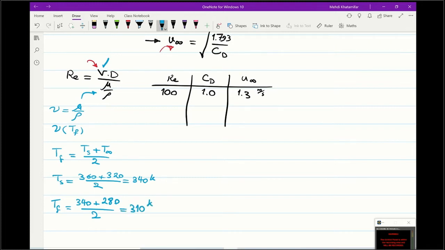So nu, I'm going to find for this temperature, which is around 1.42 times 10 to the power minus 6 meters squared per second.